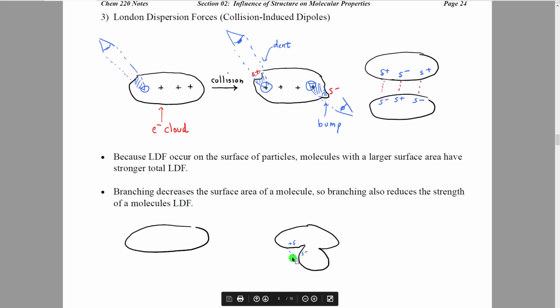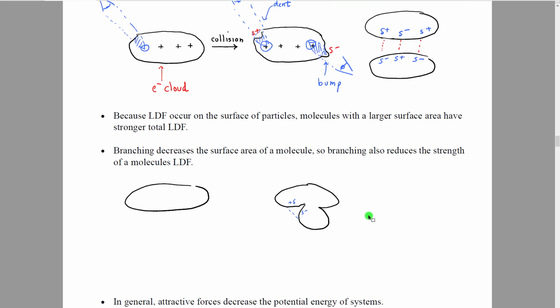Now, because this is rounded and this is rounded, we have areas on the surface where the surface is touching itself, but they're not available to interact with another molecule. So the net effect is that by making this branch, we hide part of the original surface and our surface area gets smaller. So branching decreases the surface area, and therefore it decreases the strength of the molecule's London dispersion force.